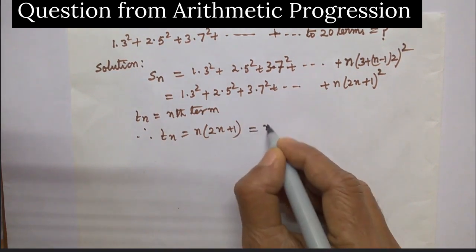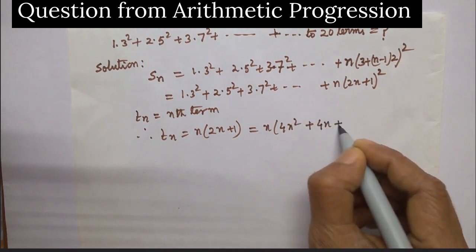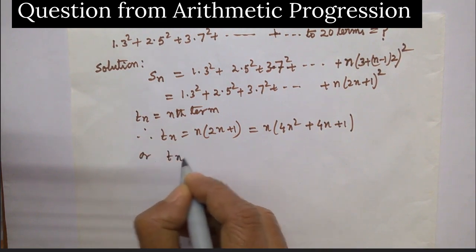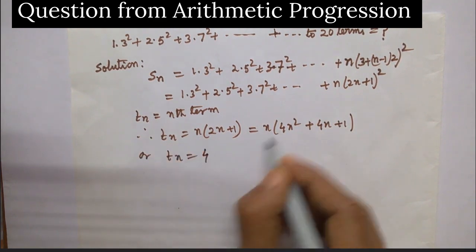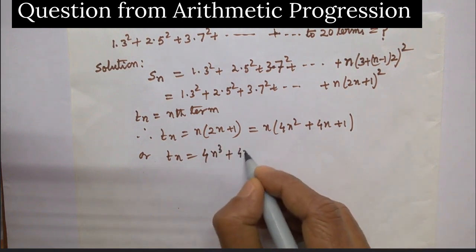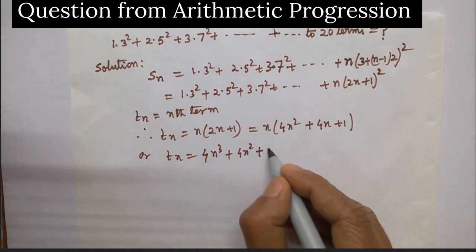Simplify this: n into (4n square plus 4n plus 1). So Tn is equal to 4n cube plus 4n square plus n.